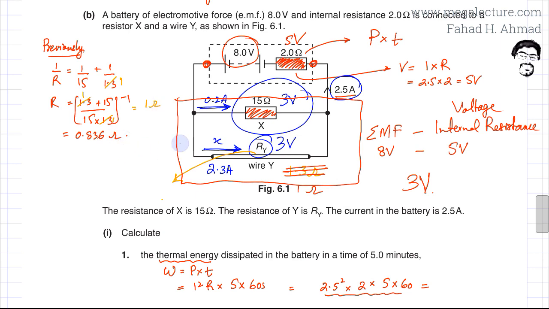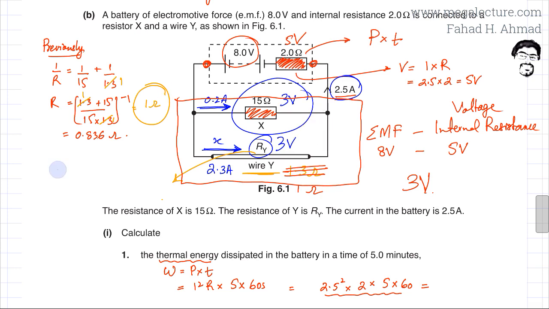So my total resistance would actually increase. If I decrease the resistance of wire Y, the total resistance that the circuit is seeing is going to increase. Initially it was 0.836 ohms, now it's 1 ohm. So I just changed 1.3 ohms to 1 ohm just to see what would happen.